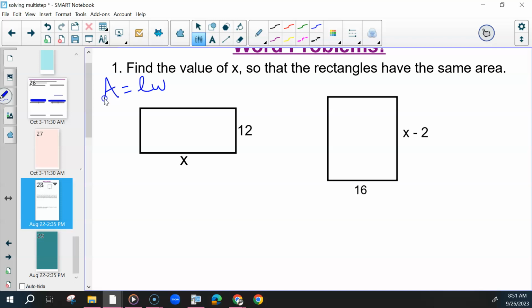What's going to say this is the same as this? How could we say in math something is the same as something else?